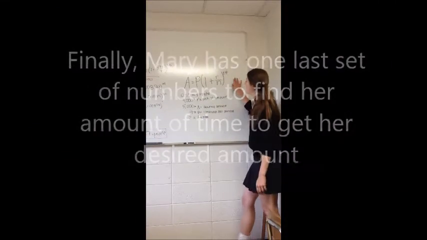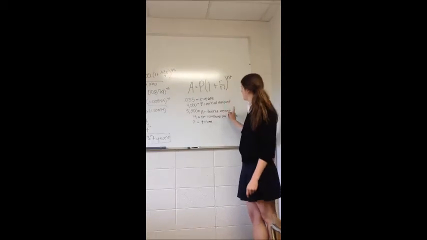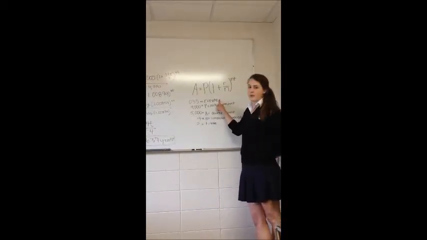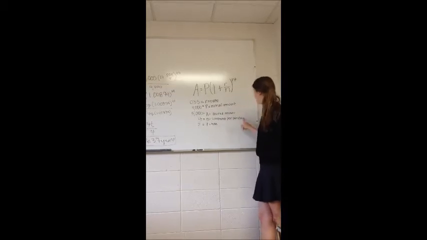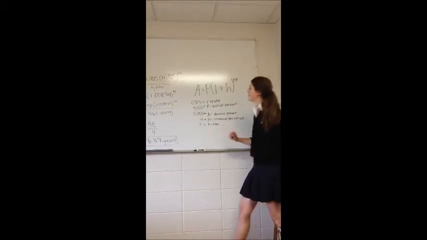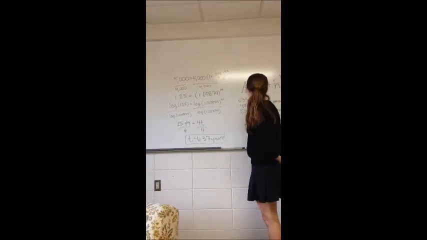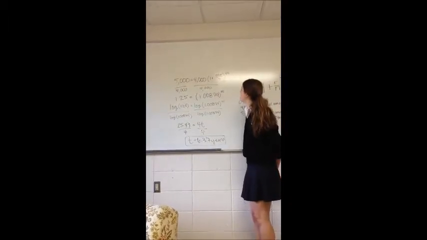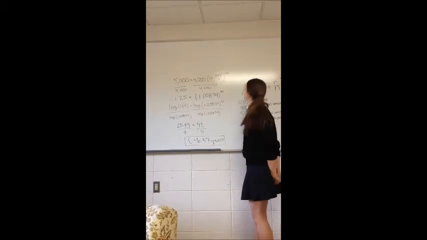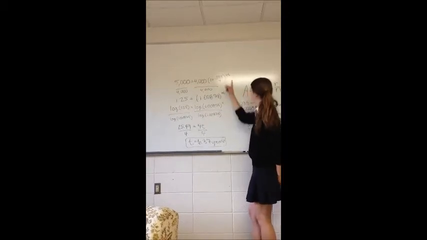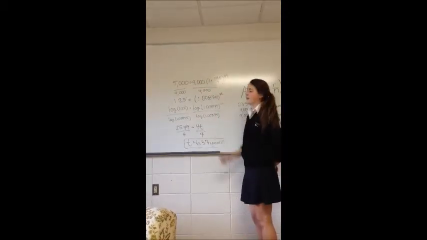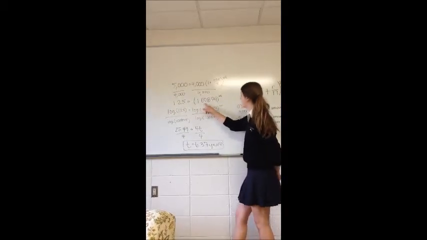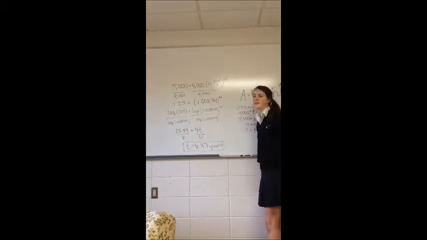So using this formula, to find my desired amount of $5,000, I'm starting with $4,000. I have a rate of 3.5%, and I'm compounding quarterly to find my desired time. So I plug all my values into the equation, so I have 5,000 equals 4,000 times 1 plus 0.035 divided by 4 to the 4t, and I divide both sides by $4,000, and then I get 1.25 equals 1.00879 to the 4t.